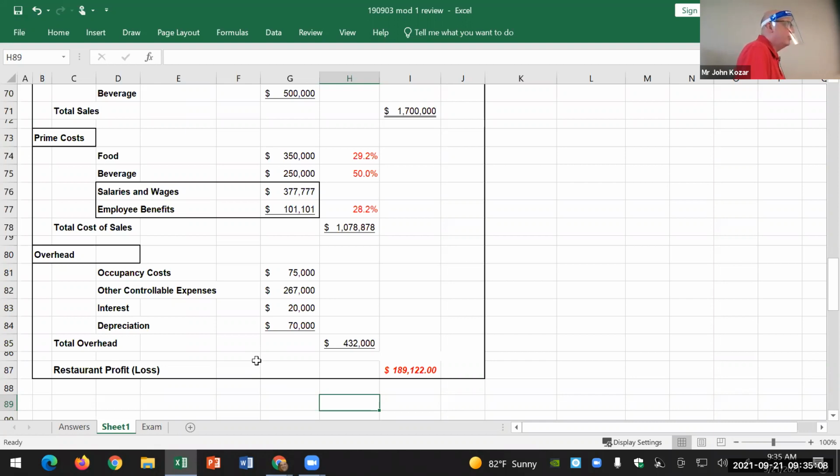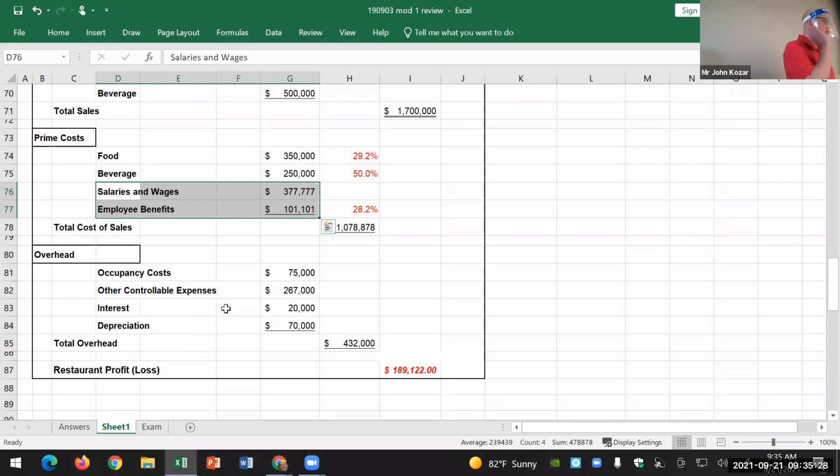What about your variable rate? This is going to be a clue right here, what I have highlighted. What don't we know in order to figure those rates out?